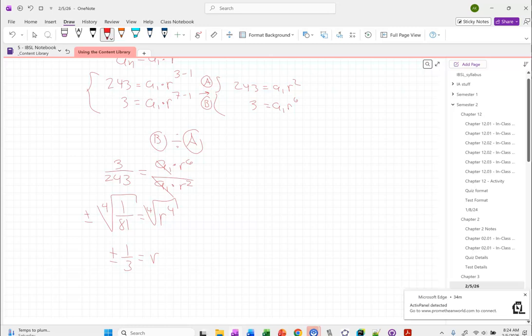No. So let's just use equation A. Now notice that because the exponent here is even, it doesn't matter if I plug in the positive 1/3 or the negative 1/3. The squared is going to give me a positive 1/9, right? So I'm going to get the same A1 regardless of which value for r I choose. Great.